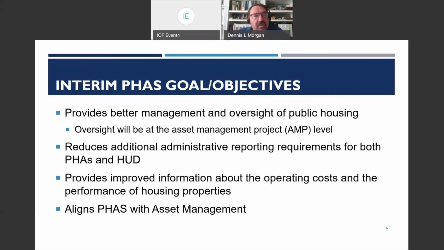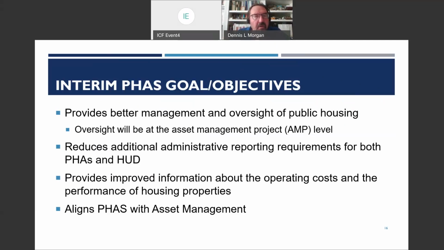So HUD also said when we're doing this as well, that we don't need an additional report. We're going to use your existing framework of your existing reports in order to monitor the agency as well. So for example, we will use your ELOCCS system, which is that capital funding system in terms of how I'm doing in terms of the appropriations of the funds. We're going to be using your PIC system, your data system.